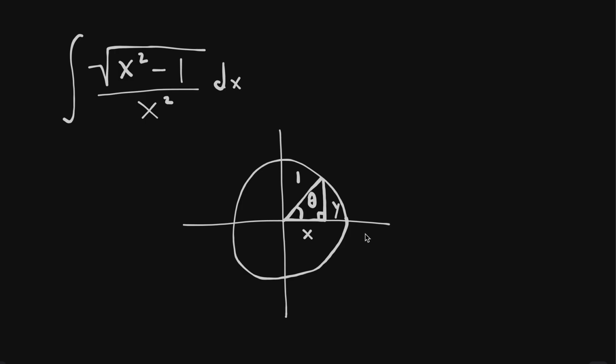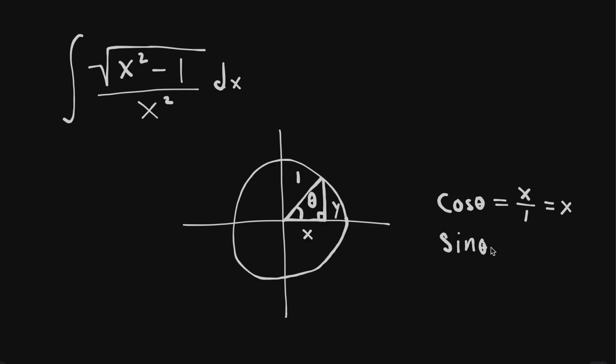Okay, so if you remember the definitions of the trigonometric functions, we have cosine of theta equal to adjacent over hypotenuse. The adjacent side here is x, and the hypotenuse is 1. So cosine of theta is equal to x. The definition of sine of theta is opposite over hypotenuse.